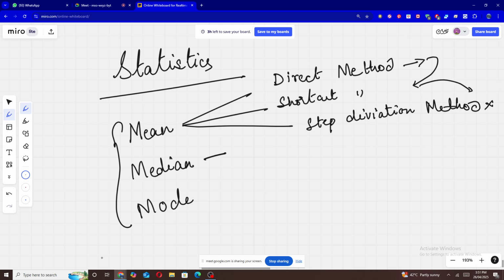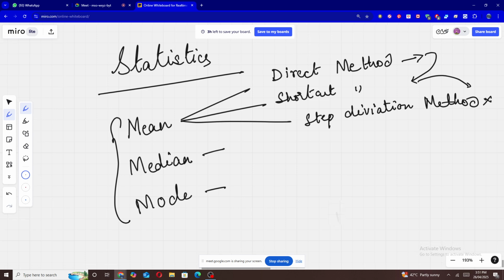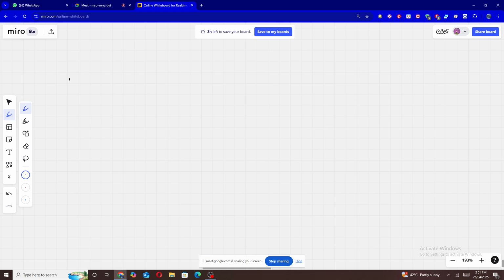Then we have one method for median and one method for mode. Pretty easy, not at all challenging. Now, mean means average. If my data is x1, x2, x3, x4, x5, and it goes till xn, how do I find the average?